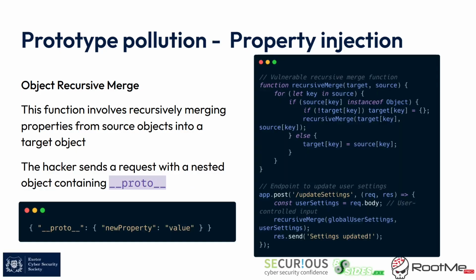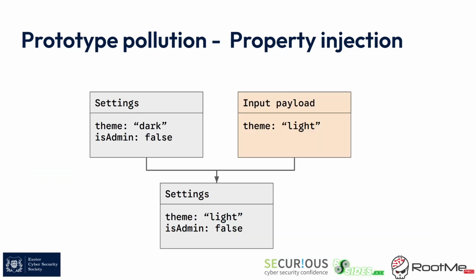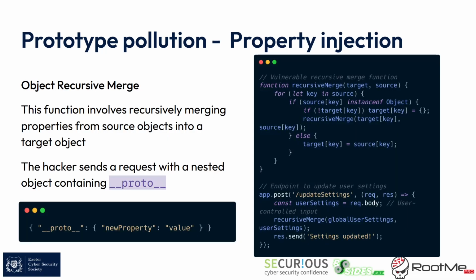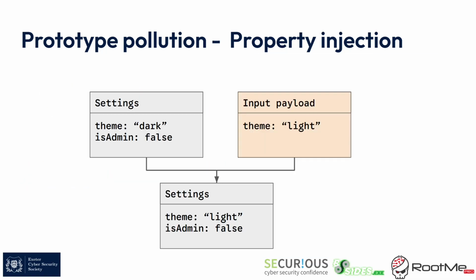And what you can see here is that, for example, if a hacker sends a request with a nested object containing __proto__ with new property equal to value, what might happen is, in the code I showed earlier, the intended use case would be I have settings, and then I have an input payload that I send through a POST request, and I would expect to update the property in settings from, for example, dark to light.